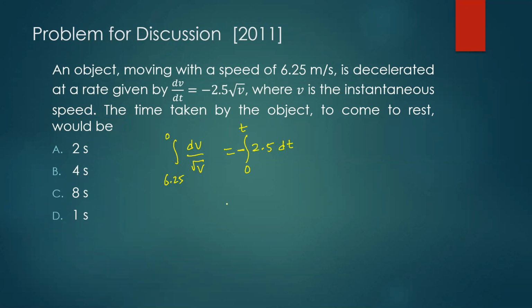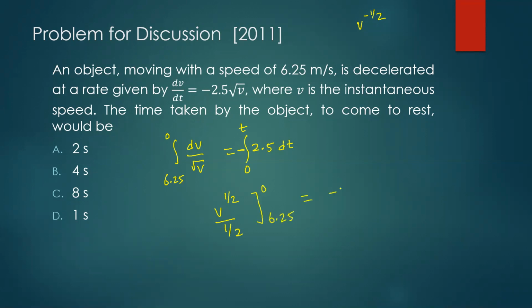I can write 1 by square root of v as v to the power minus half. So the integral will be v to the power half by half, with upper limit 0 and lower limit 6.25.